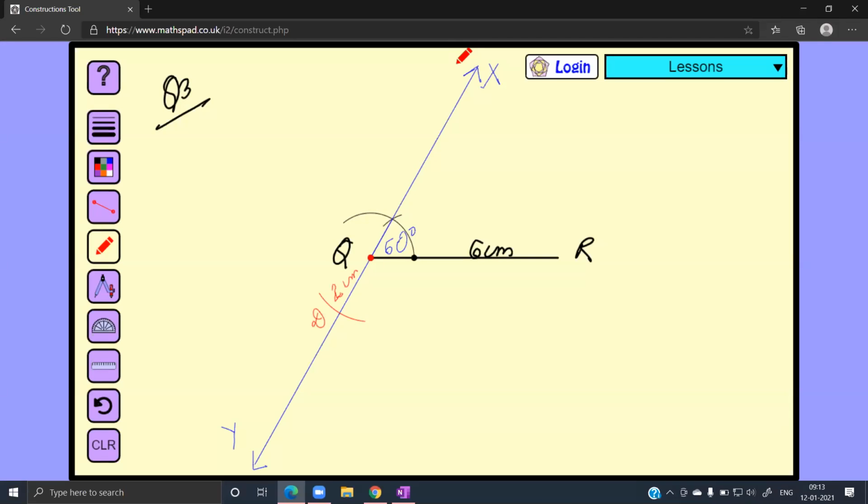The point obtained will be joined to the other end point of the base. So join point D to point R. Anyone who remembers what's the next step? Construction of perpendicular bisector. For which line segment?